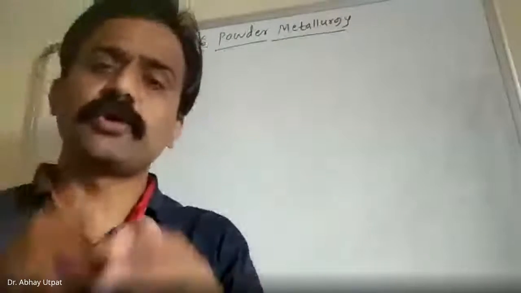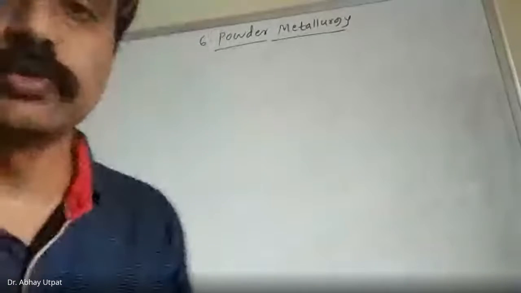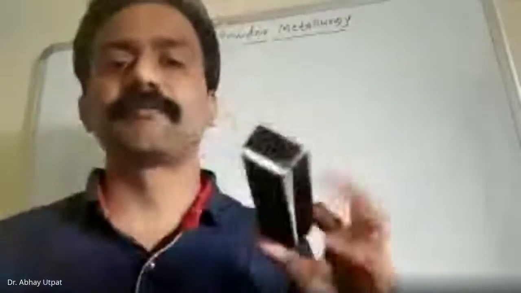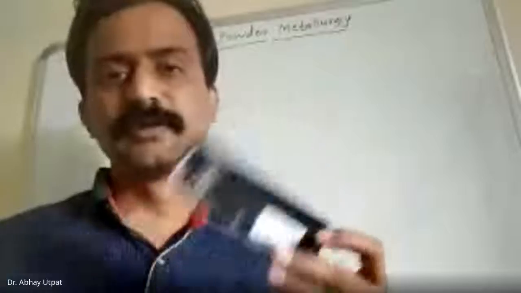You can't imagine it if I show you the component. See, this is the component made up of powder. You can see it as solid, as if produced by casting, until and unless you see it by your naked eyes.